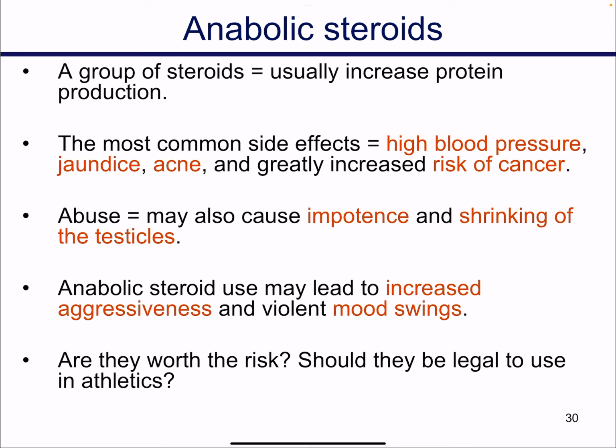The most common side effects of using testosterone to build up your muscles are going to be high blood pressure, okay, jaundice, acne, and a greater chance of developing cancer.